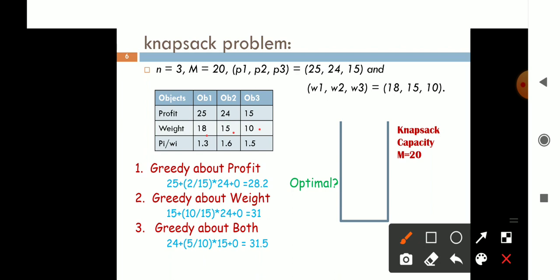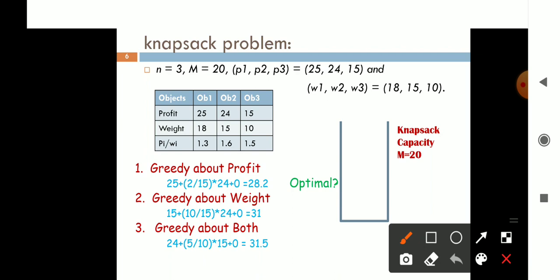So here we have 3 objects. The 10 weight of this item will give you benefit 15, the 15 weight of the item will give you benefit 24, and the 18 weight of this item will give you benefit 25. So here we have both the weights and the profits.